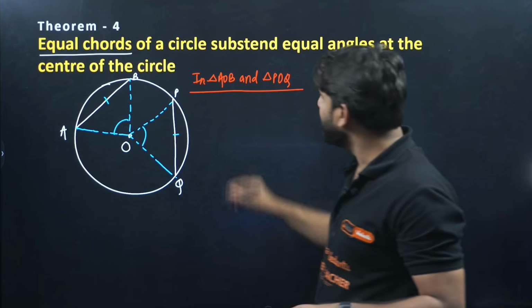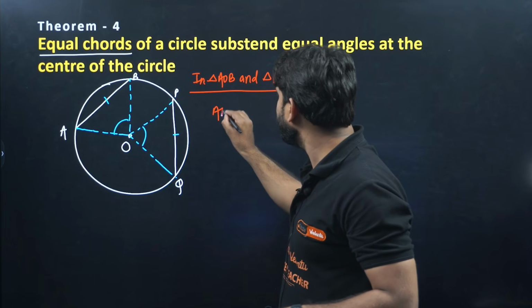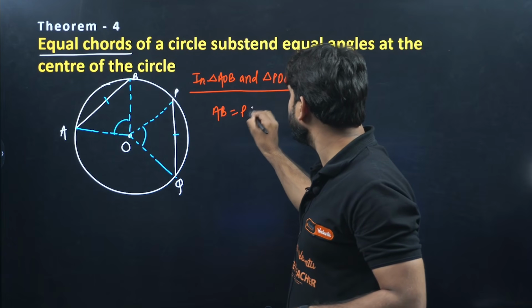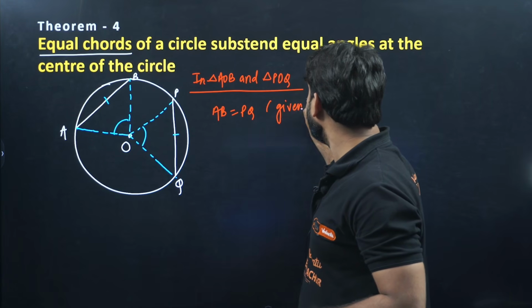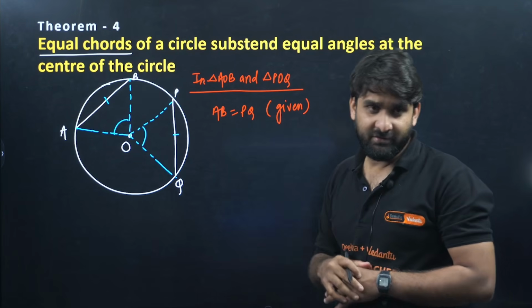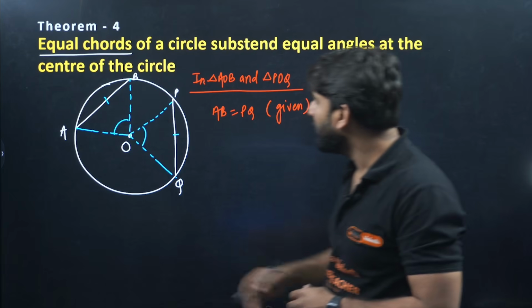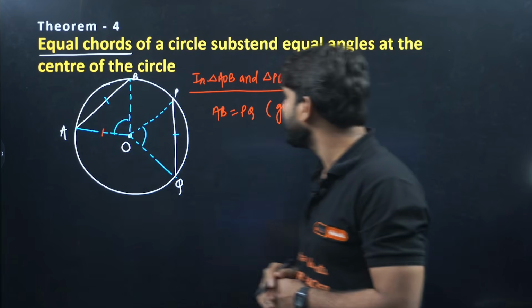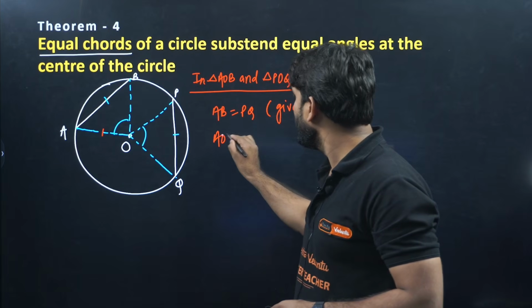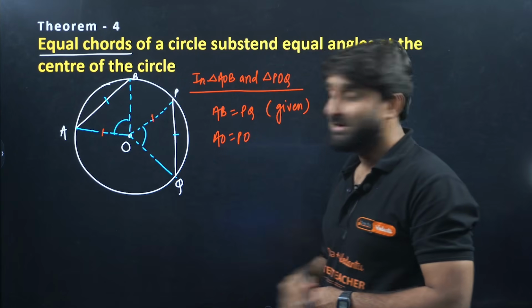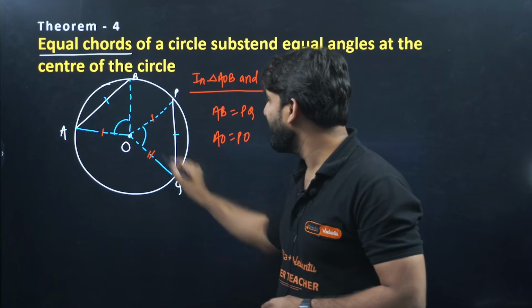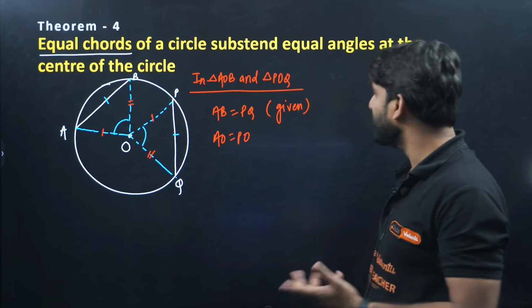In both the triangles, the first is AB equal to PQ, which is given because both the chords are equal to each other. Agree everyone? AB is equal to PQ. Now, AO is the radius, so AO will be equal to PO because AO and PO both are radii. And this is also a radius, OQ and this BO both are radii.